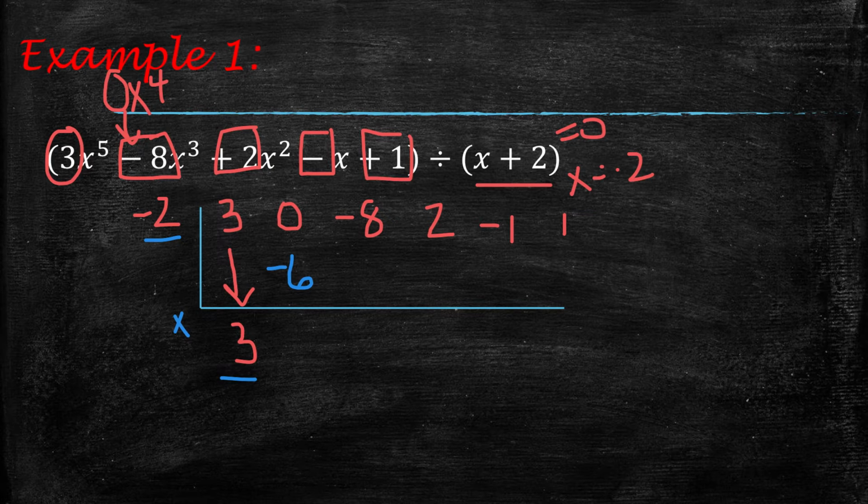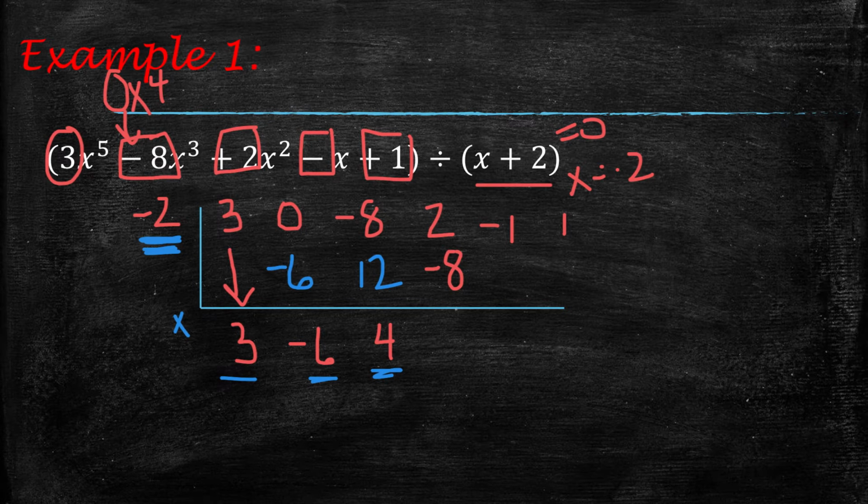Then what you do is you add these numbers up. So 0 plus a -6 is -6. Then do it again where you multiply -2 times -6, which gives you +12, and that goes here. Then add them up, so that gives you 4. Then multiply -2 times 4, gives you -8.